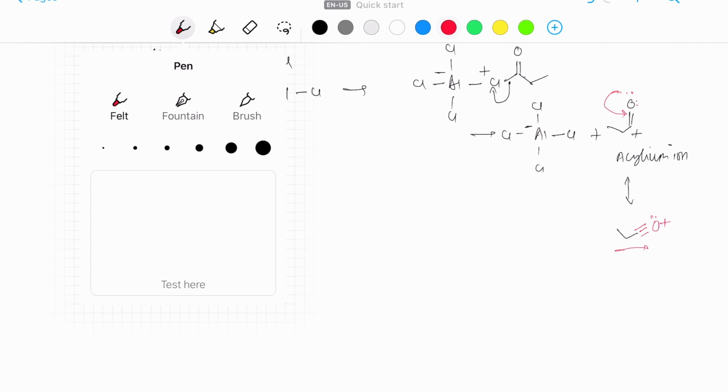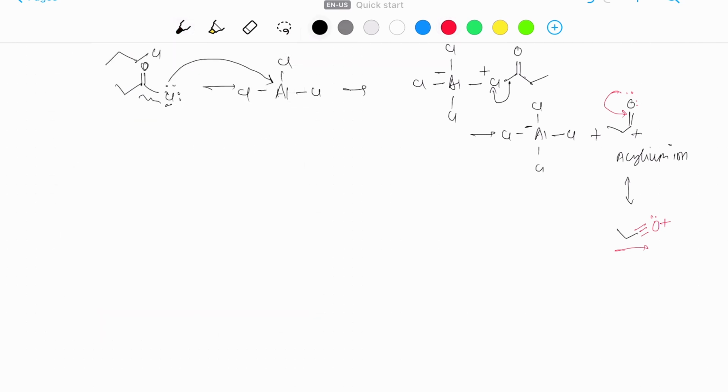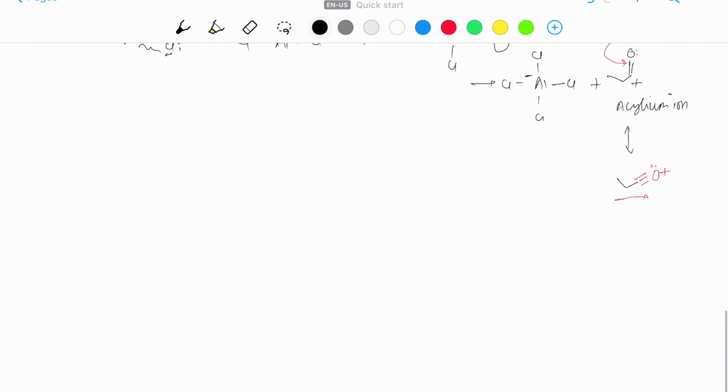We have this acylium ion, and let's say this is our electrophile, and we also have benzene somewhere. So we have our benzene, that is a nucleophile, and we have this acylium ion, and this benzene ring will try to attack here, and now we are attaching this group to our benzene ring.